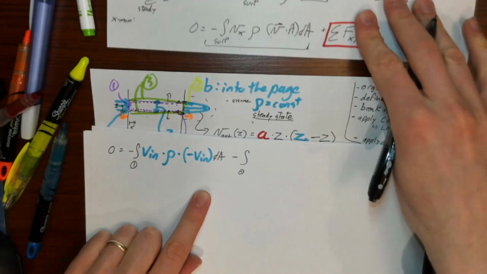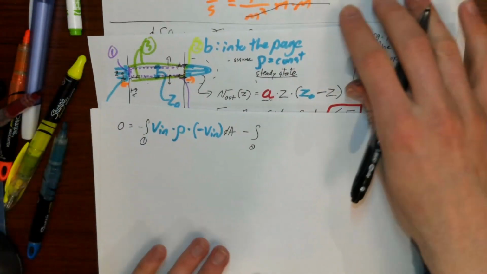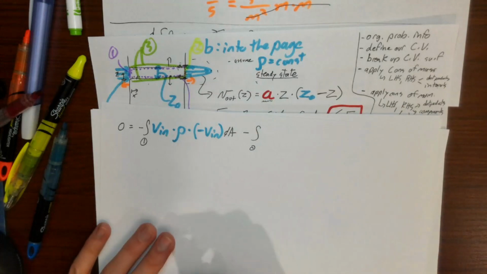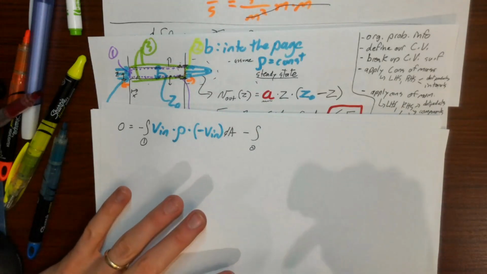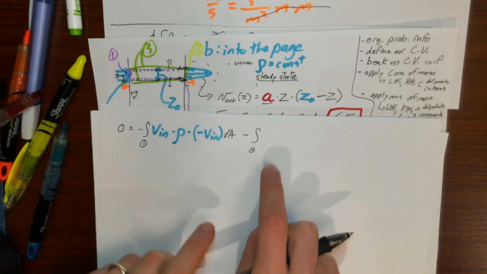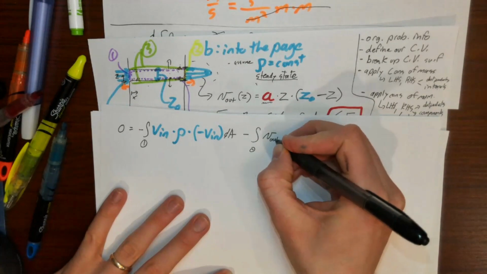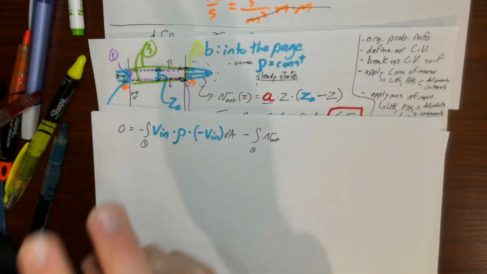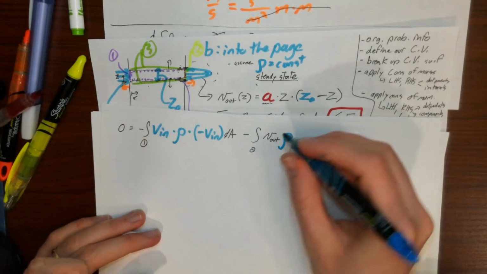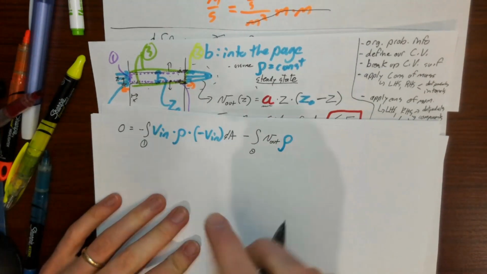Then we have minus an integral over surface 2. If we think about surface 2, that's the outlet right here. So Vx on surface 2 is V out. And then we have rho. I'll sub this in just a sec. And then V dot n for surface 2 is also V out.